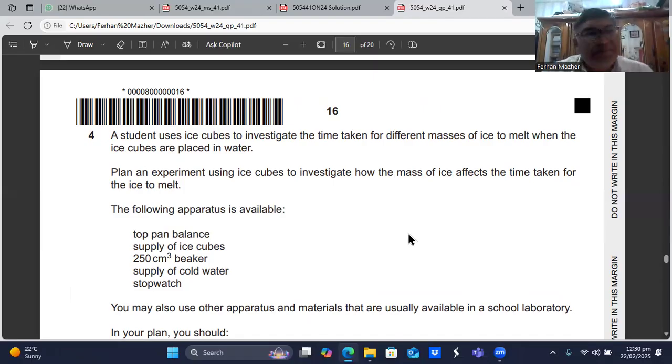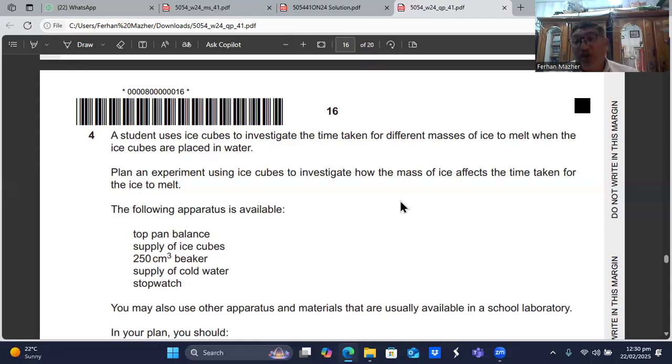So you see, each time when you're working, the ice cubes must be identical. The initial temperature of the ice cubes should be the same. The water in which you are putting the ice cubes, and with the help of a stopwatch, you are noting down how much time is taken to melt completely those ice cubes in the water.